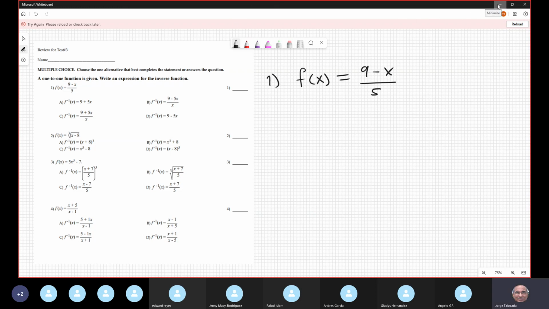Let me try to find the decimals. Can I create the graphic of this? Okay, decimals. Inverse function. There you go. I have that.